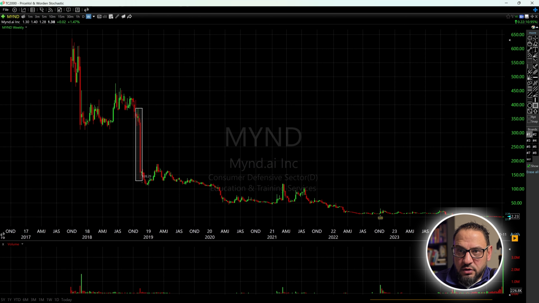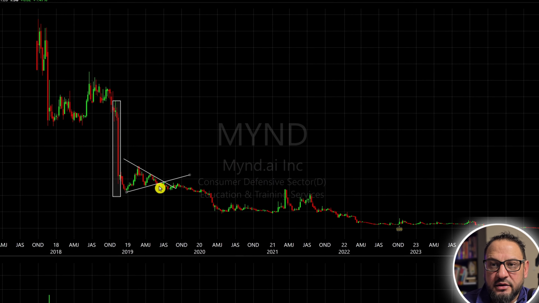That's the pole. It consolidates, where the shorts are taking profits and the second batch of shorts are stepping in. So the price consolidates.